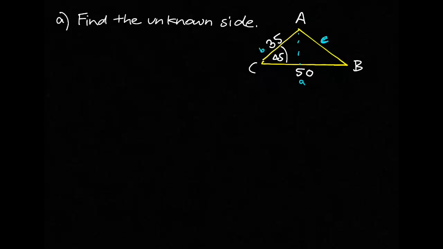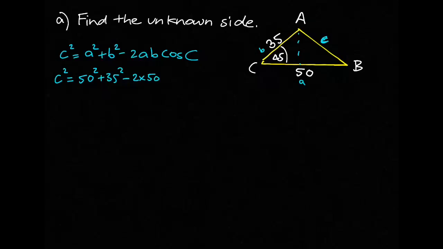Now we know angle C and we know the other two sides, a and b, so we can use the formula c squared equals a squared plus b squared minus 2ab cos C. So c squared is equal to 50 squared plus 35 squared minus 2 times 50 times 35 times cos of 45, and that equals 1250.13.